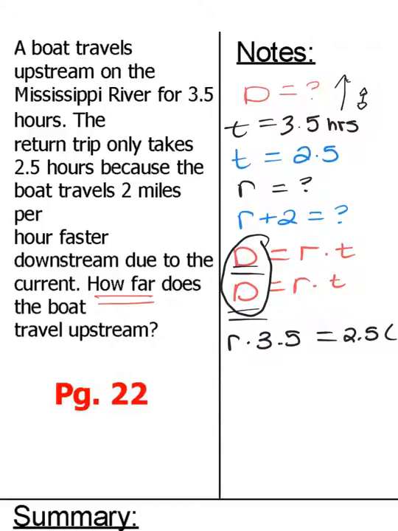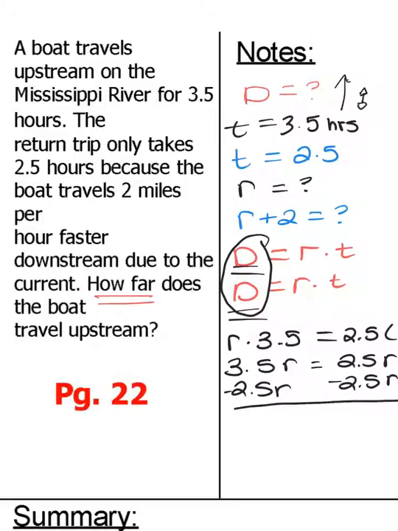Yes? Okay. So now I'm going to solve for the rate. I get 3.5r equals 2.5r plus 5. Well, now I just solve, subtract those r's, and I get r equals 5 what? Miles per hour. So you're on this boat and you're traveling 5 miles per hour.